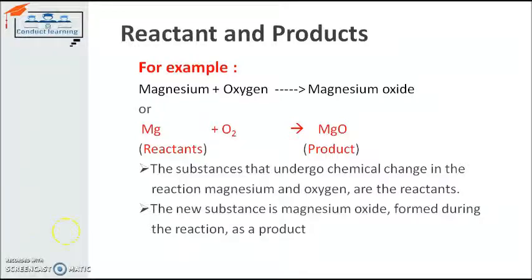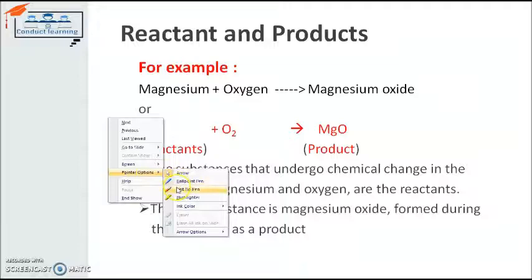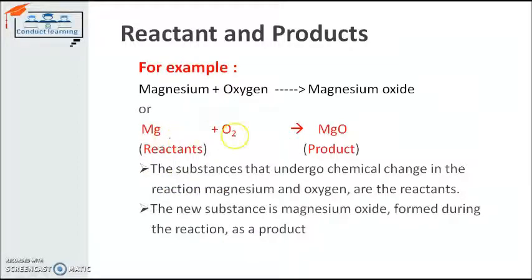As you can see in the equation highlighted in red color, Mg represents magnesium and O2 represents oxygen. These two substances, magnesium and oxygen, written on the left side of a chemical equation when the arrow points toward the right, are known as reactants. The products are represented on the right-hand side when the arrow points toward the right.